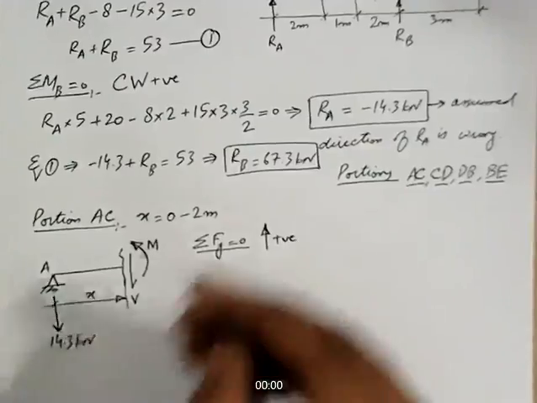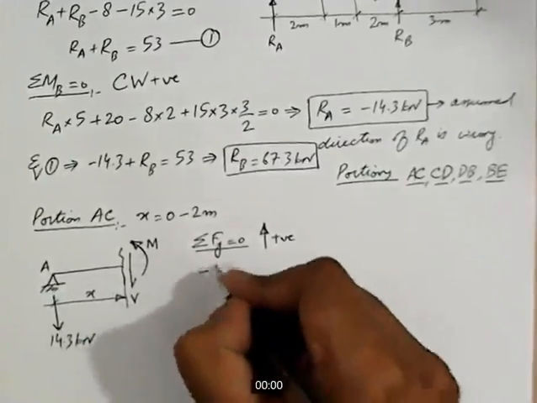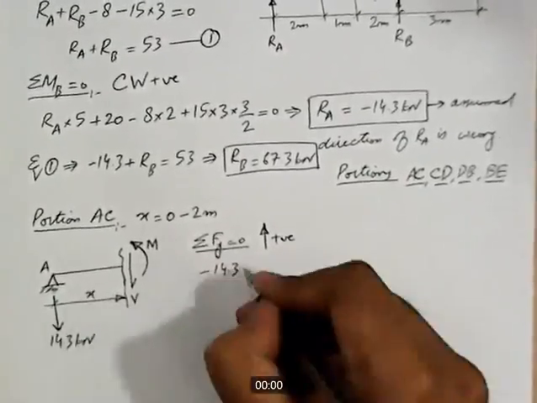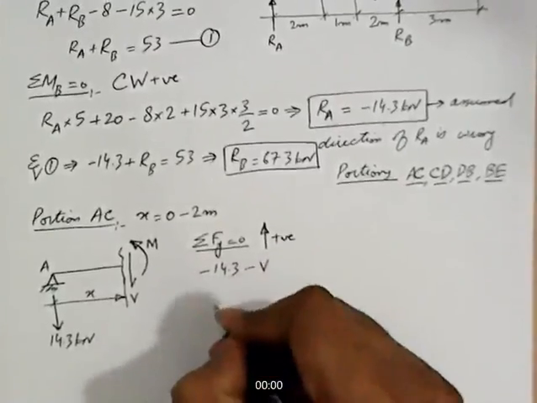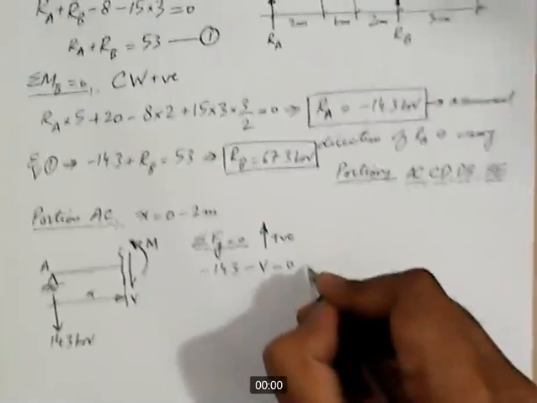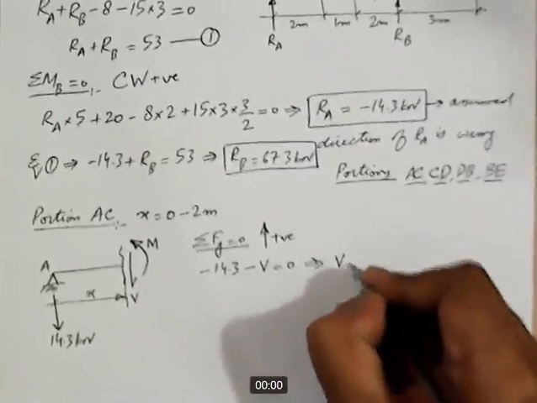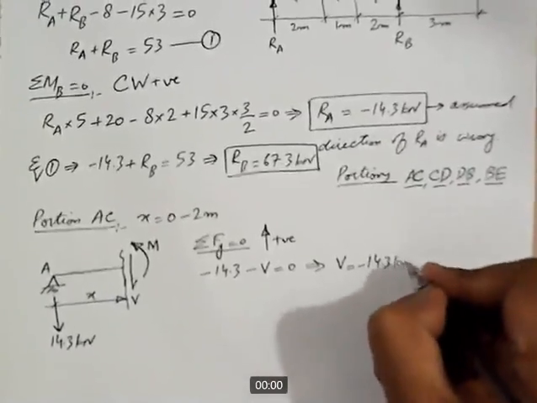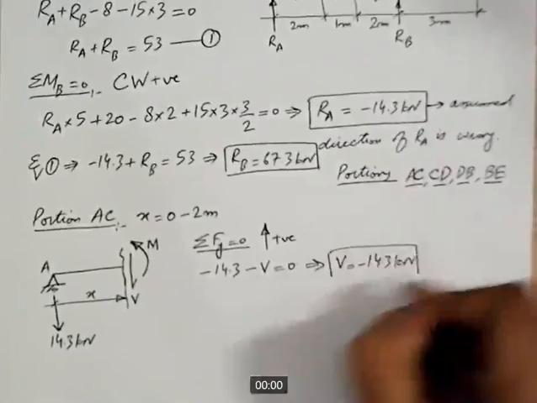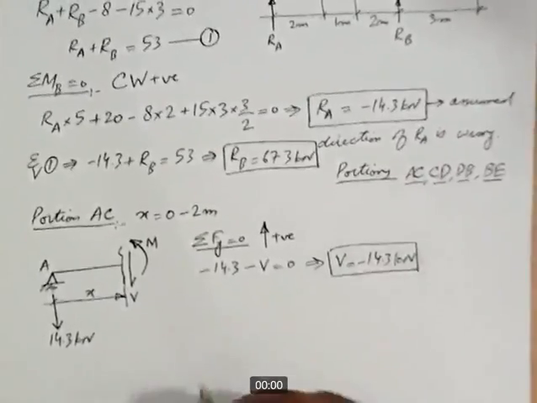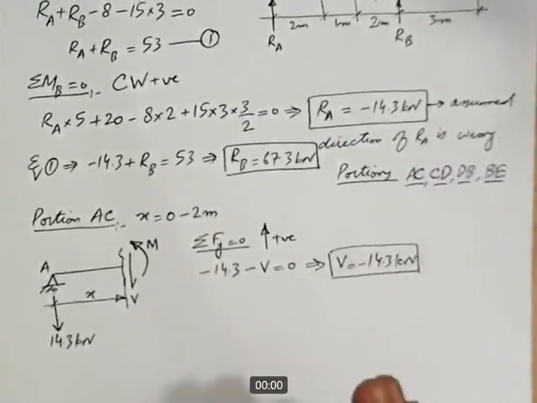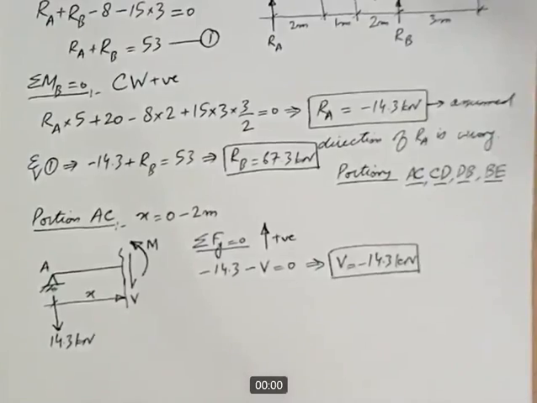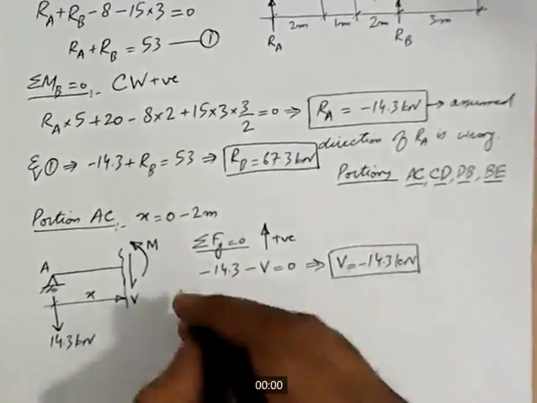This 14.3 kilonewton is in downward direction, so minus 14.3, and then this V also acting in downward direction, and that's it, that's equal to 0. So this implies V is equal to minus 14.3 kilonewton, and in this equation there is no variable X, so it means that the magnitude of shear is constant for the entire length of this portion AC. So we have shear here.